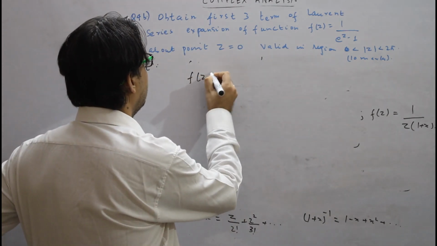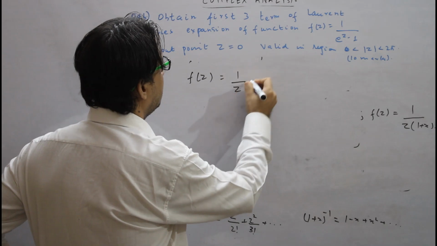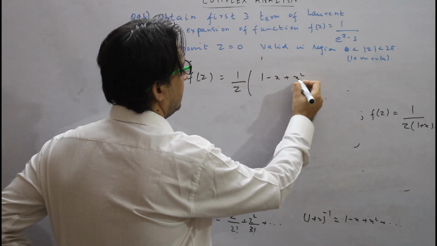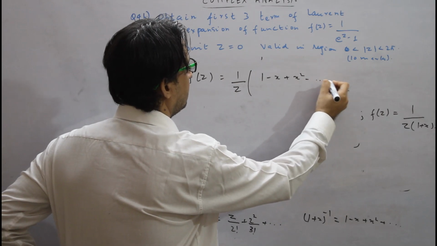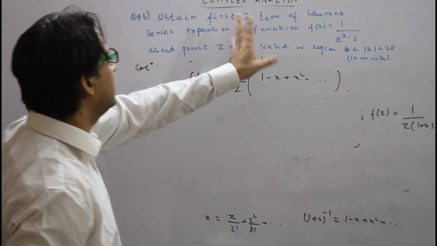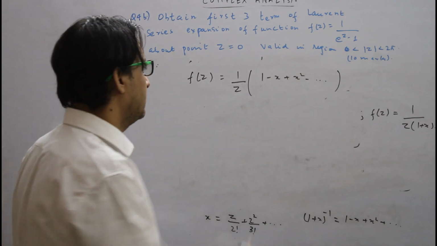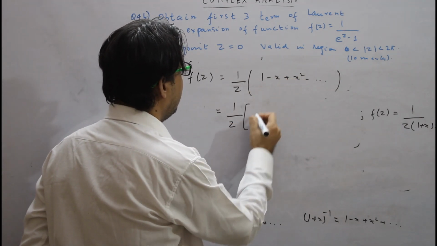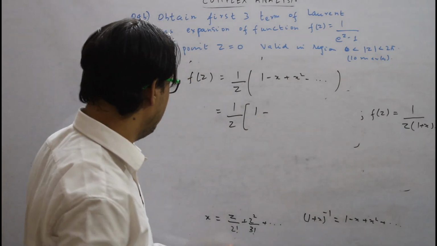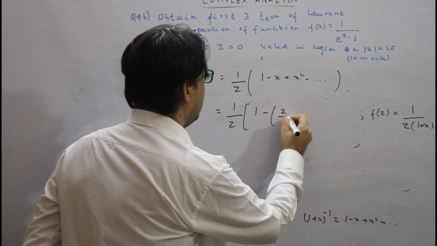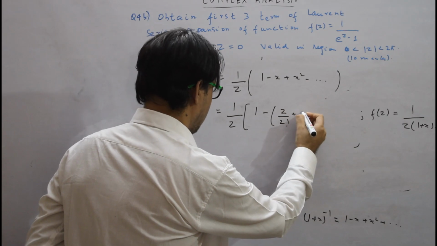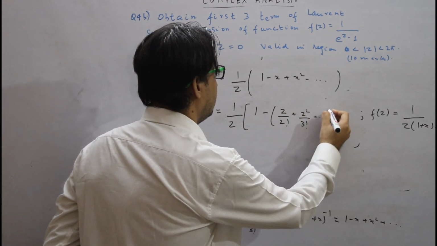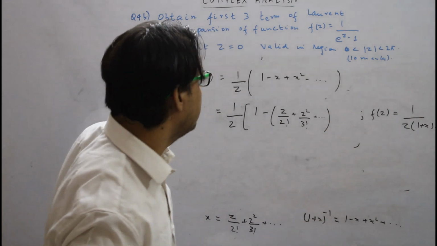So f of z can be written as 1 by z into 1 minus x plus x square and so on. We have to be concerned with only 3 terms, so we are not going further. So if I write this as 1 by z and expand, what is x? z by 2 factorial plus z square by 3 factorial and so on.